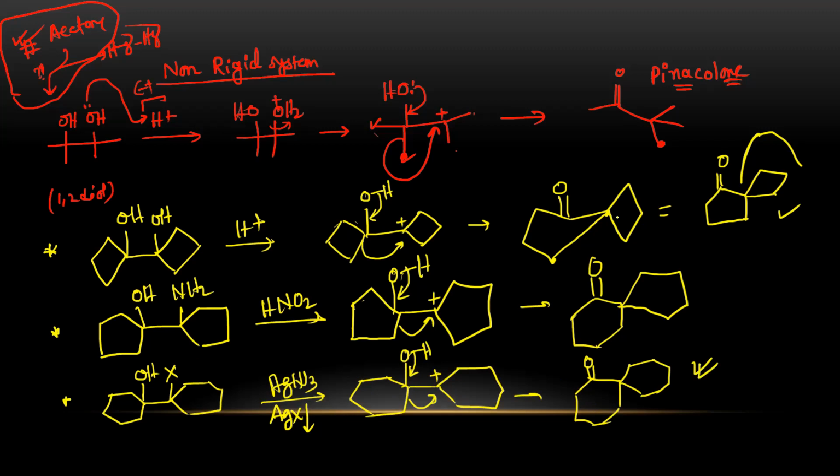Is it clear till now? Yes. Okay. If it is clear, then try one problem. It is basically your homework. The reagents are first H2SO4, second NaBH4, third H plus. When we treat with H2SO4, we will get one pinacolone. Pinacolone means one ketone will be there.